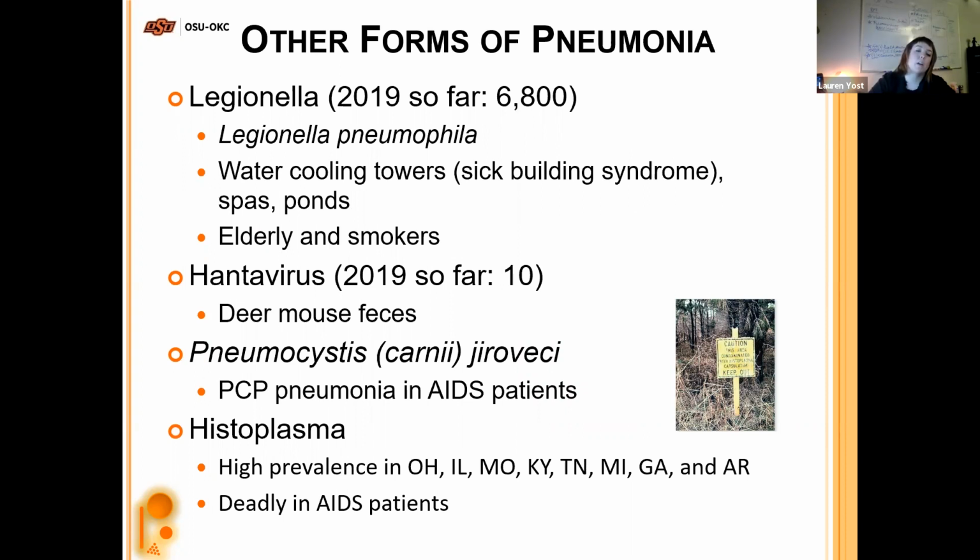Okay, so other forms of pneumonia that we can see: Legionella pneumophila. Pneumophila is a bacterium associated with what they call sick building syndrome, or water cooling towers. It essentially grows within the water of those water cooling towers in those wet areas, and is spread throughout, as well as in spas and ponds.